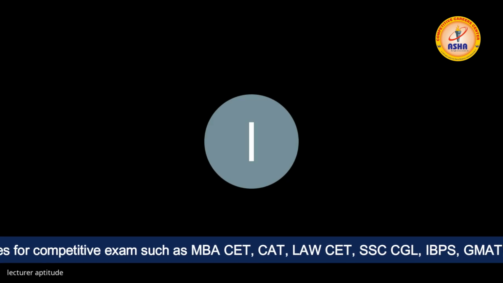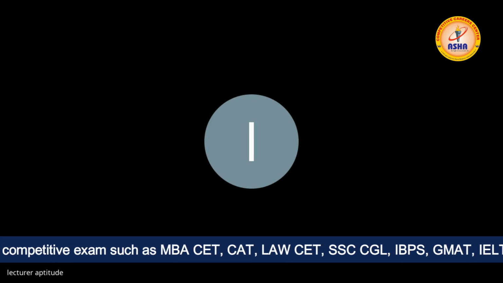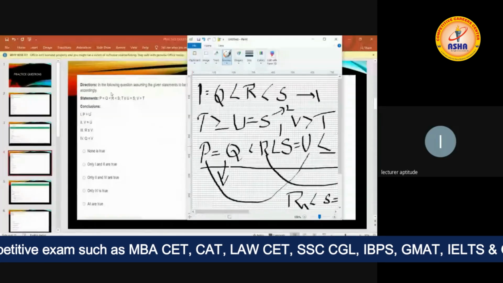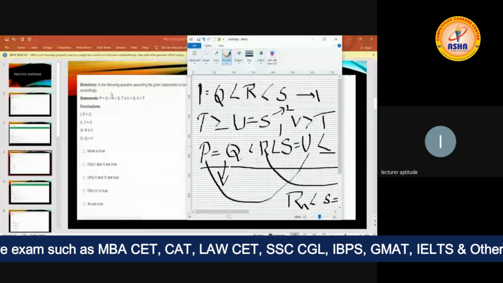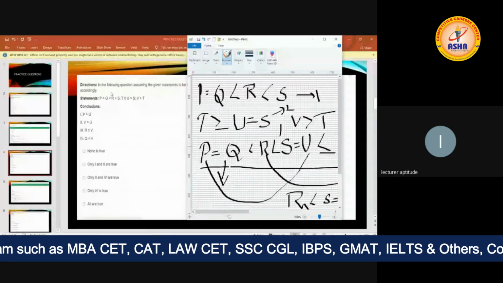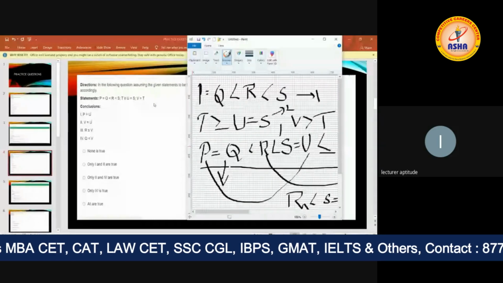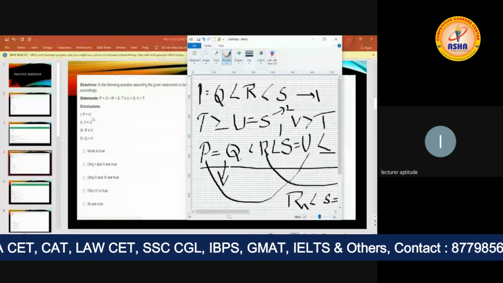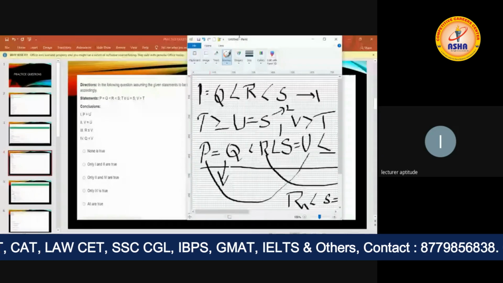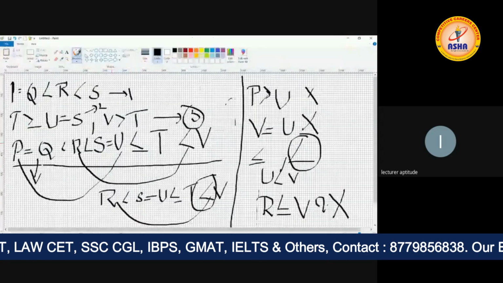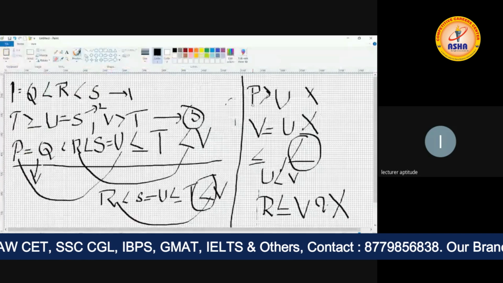So from that we are checking whether each conclusion is true or false. If you check all these conclusions against this statement, this is false, this is false, this is also false. What about Q is less than V? That we have to check. Okay, so I will erase it.